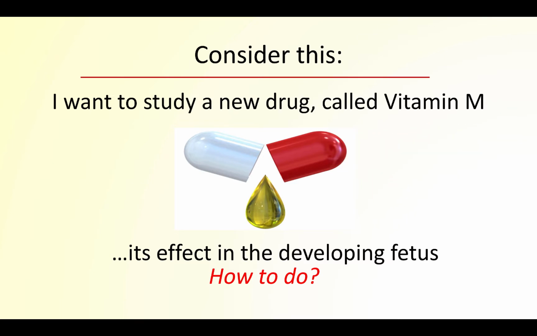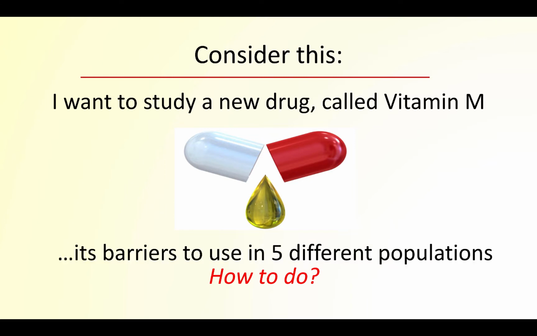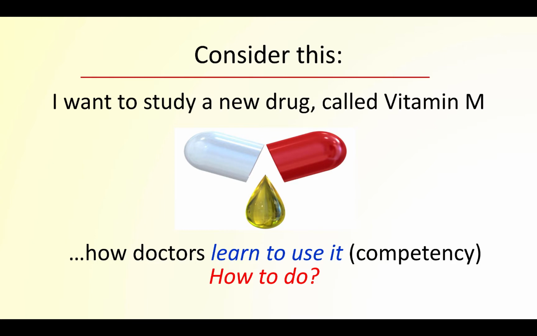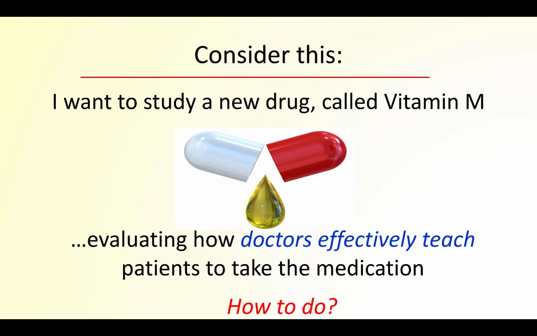Think through this. What if it was the same drug, but now you were studying its barriers to use in 5 different populations? Or this. How about how do we study how vitamin M works in the office? How do doctors learn how to use it and develop a competency in prescribing it? And finally, what if we were investigating how doctors effectively teach patients to take this medication?